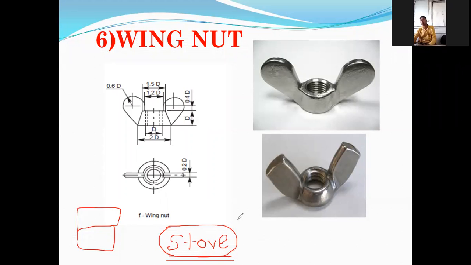It is also one type of wing nut. त्याला नट का म्हणायचं, because it has internal threading. त्या नटला वरती एक प्रोजेक्शन दिलेलं आहे. सगळेजण पाहू शकता, किचन मध्ये गॅस प्रत्येकाच्या घरी असतो.